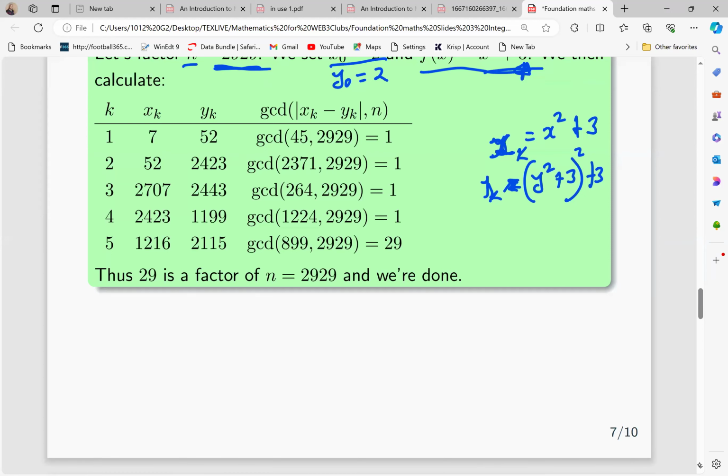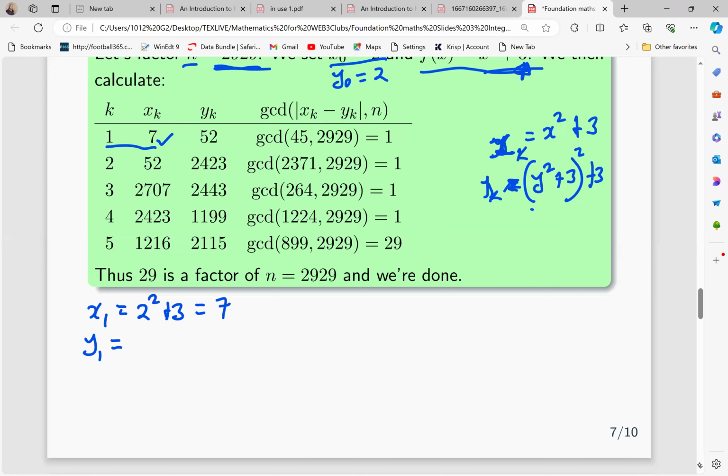Now, what is our x1? Our x just above is x naught. X naught is 2, put it here. So it's 2 square plus 3, which is 7. So our x1 is 7. What about our y1? Our x naught is 2.